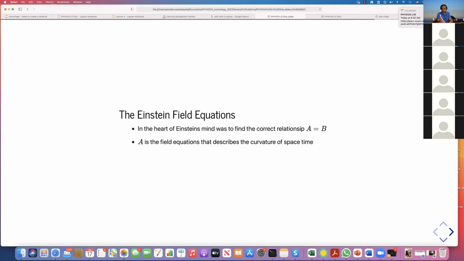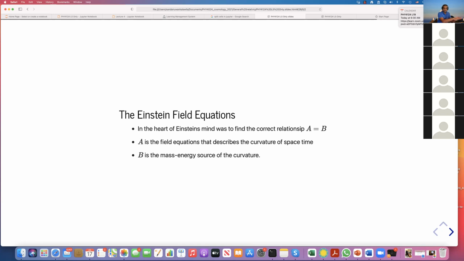This is where you have to get involved with the Riemann curvature tensor, Ricci tensor, those kinds of things, right? Because those are the tensors that mathematically explain the curvature of space-time. Just keep that in mind. And then part B, on the right-hand side, should be the mass-energy source of the curvature, right?